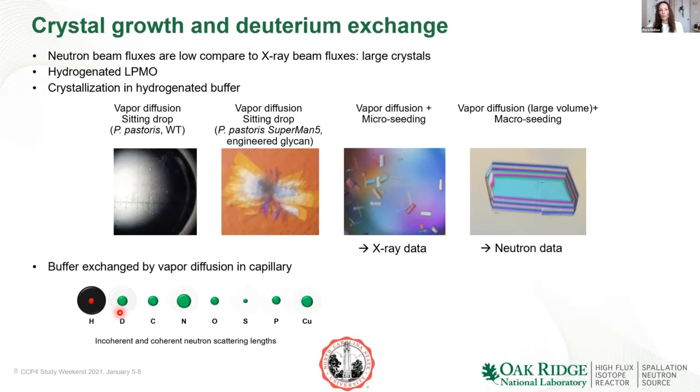And now the black and gray signals are the incoherent scattering from hydrogen and deuterium. You can see that hydrogen has a very high incoherent scattering. That means very high background, so we want to get rid of that. By exchanging the solvent in our crystal to deuterium, we reduce the background a lot, and we exchange hydrogen for deuterium in the protein.